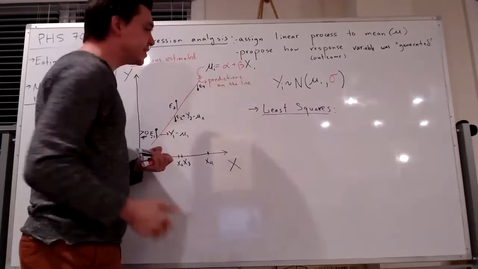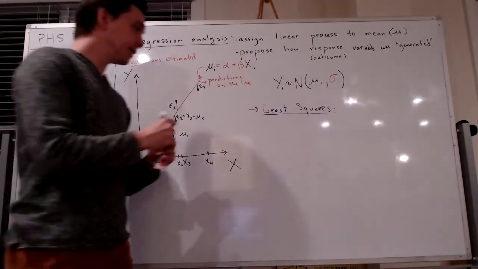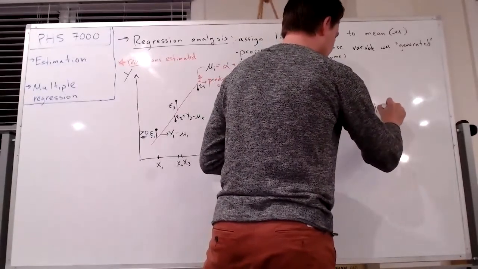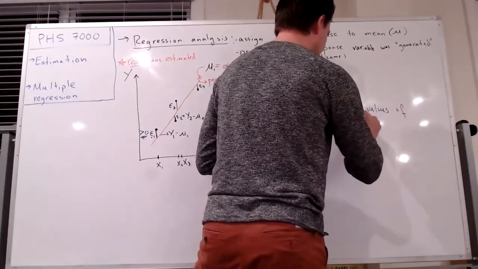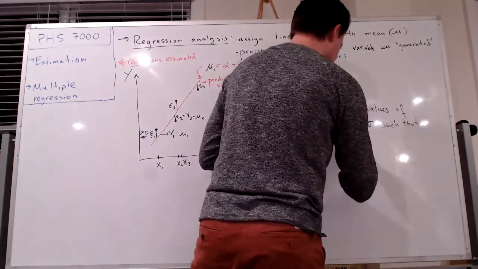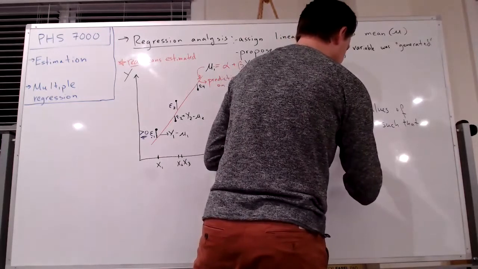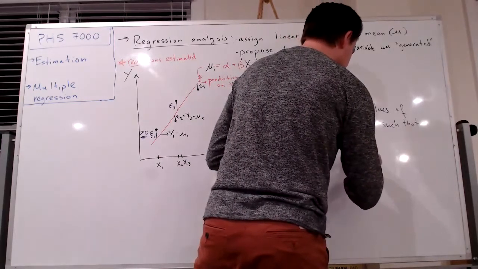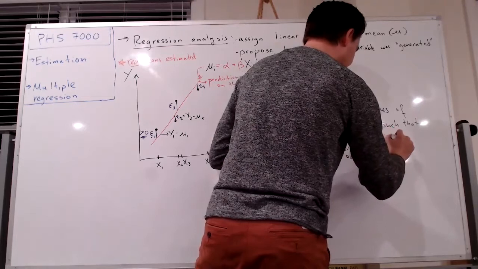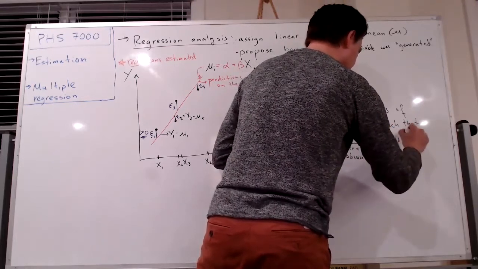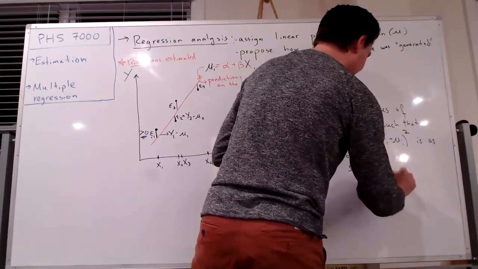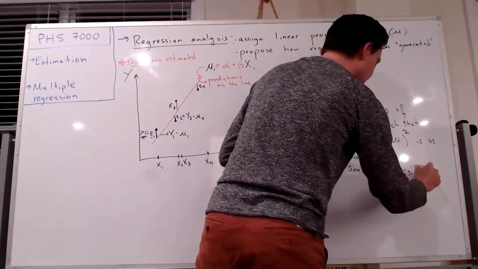So the least squares method of estimation says that we will pick values of alpha, beta, and sigma such that the sum over all observations of yi minus mu i, squared, is as small as possible.